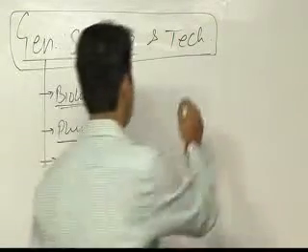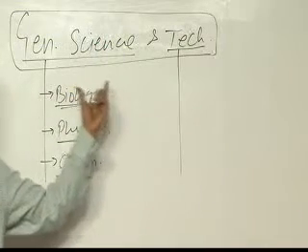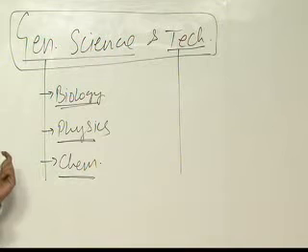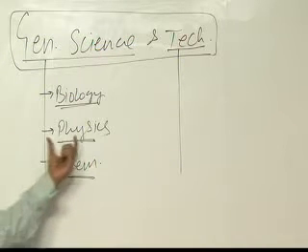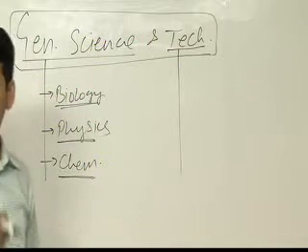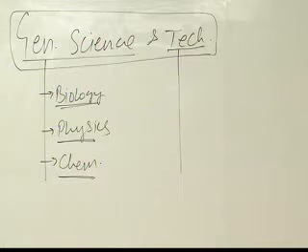Second thing is technology. Obviously, when there is science, there would be technology. Technology is nothing but the application of science in our daily life. Let's say when we talk about physics, then we talk about electromagnetic radiation. When we talk about electromagnetic radiation, then we talk about radio waves, microwaves, infrared, the visible spectrum, gamma radiation, ultraviolet radiation.